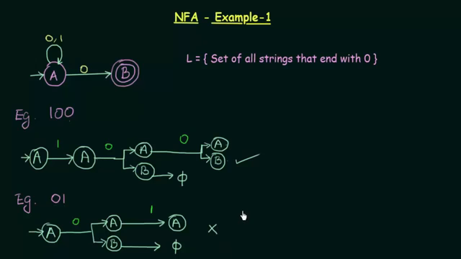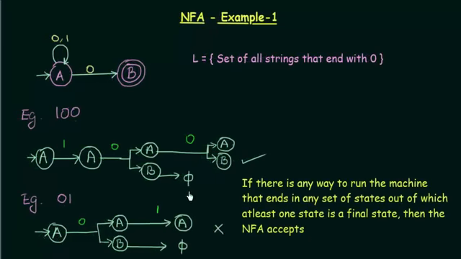Now, how can we formally write down when a string will be accepted? We can say that if there is any way to run the machine that ends in any set of states out of which at least one state is a final state, then the NFA accepts. When does an NFA accept? When it ends in any set of states out of which at least one state is a final state. Look at this example.